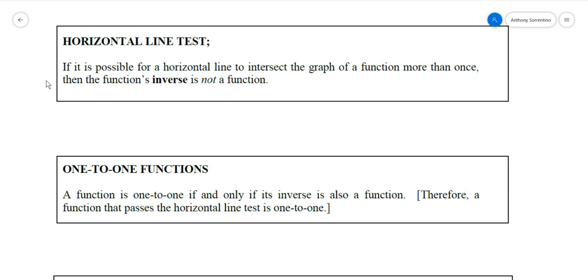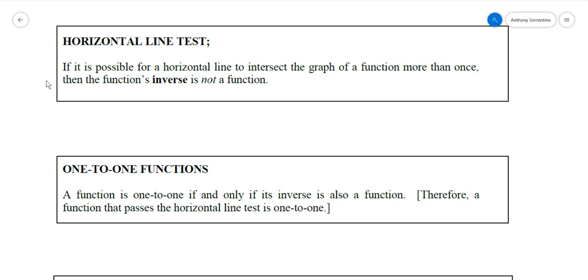Now that could be instances where the original relation is not a function either, or it could be an instance where the original relation is a function, but the inverse is not going to be. Another term you're going to start seeing is the term of being one-to-one functions. A function is one-to-one if and only if its inverse is also a function. That means that if you have a relation, it has to first be a function.